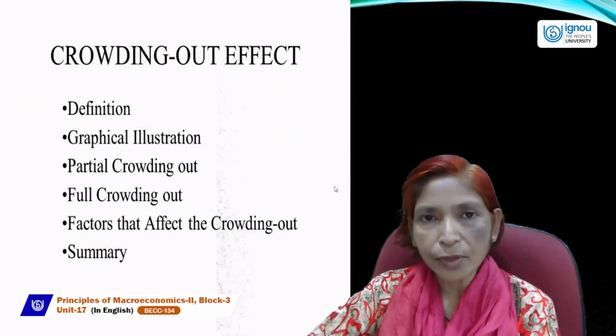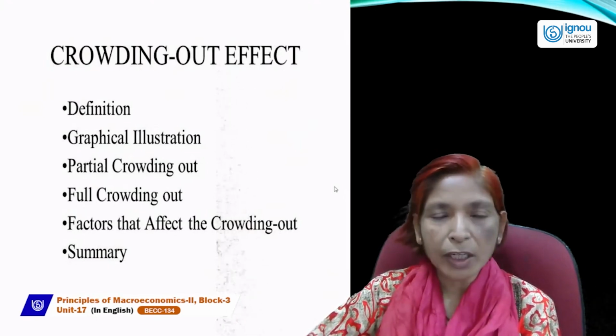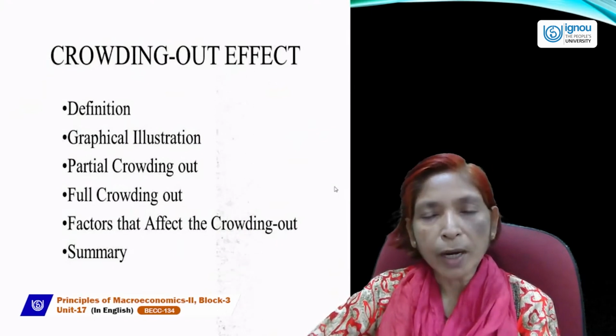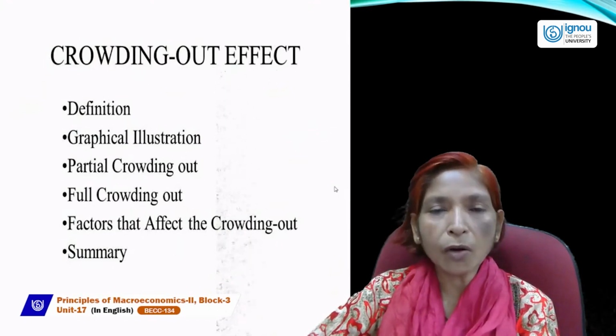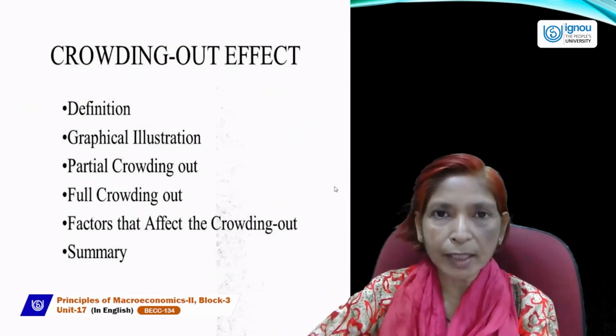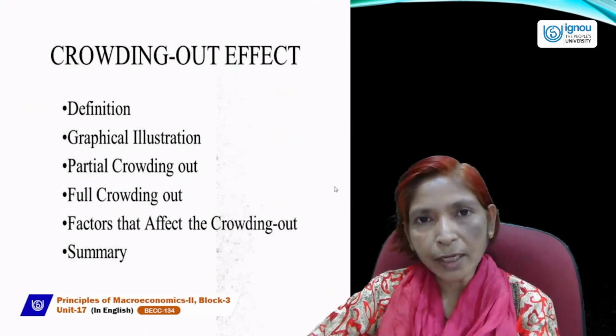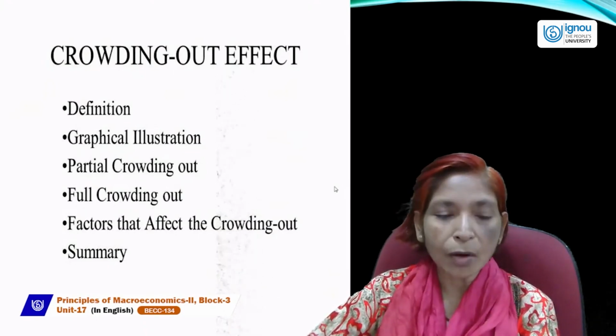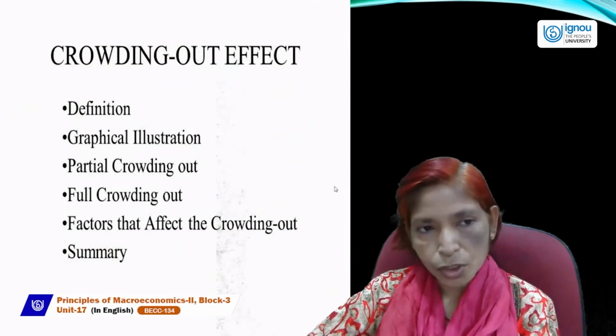Graphically, we can show crowding out with the help of a diagram. How we can show the partial crowding out effect and how we can show the full crowding out effect, both can be shown with the help of diagrams, and what factors affect crowding out, and the conclusion.